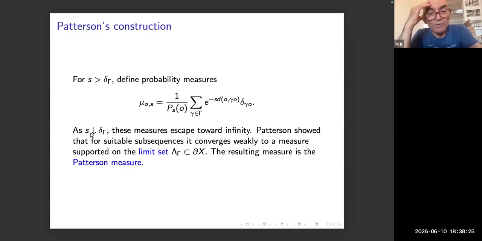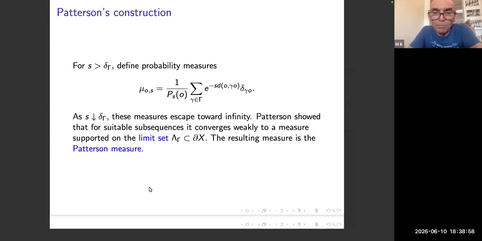The probability measure is supported on the limit set lambda gamma inside the boundary, and the Hausdorff dimension of the limit set is exactly this delta gamma number. Then Sullivan extended all of this.